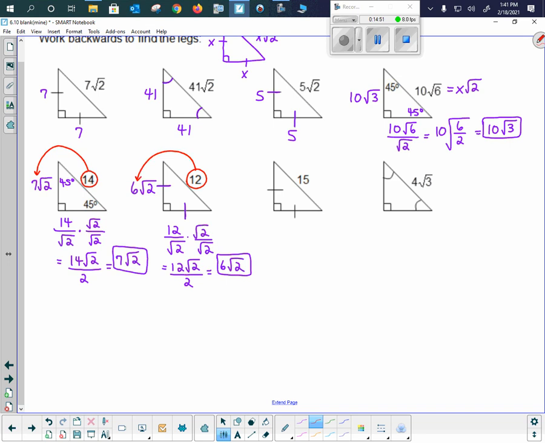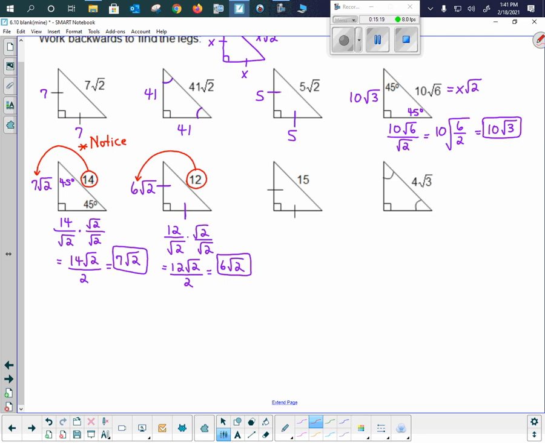And really think about the number without the root for a minute. So 14 gave me 7, 12 gave me 6. So it's half and then multiplied by root 2. Well, will that always work that way? Well, those two are nice because those were even numbers. Okay? Let's see what we think if that pattern holds true when we have an odd number.